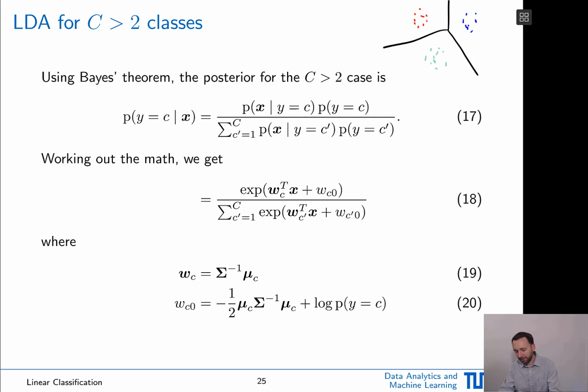And we quickly discussed this before, but let's say this is class 1 and this is class 2, right? And this is class 3. So what we know is that for every class, we are getting a specific hyperplane, right? So we have, for example, W1 transposed X plus W1 0, the offset. And for this decision boundary, we know that it corresponds to where both functions have the same value, right?